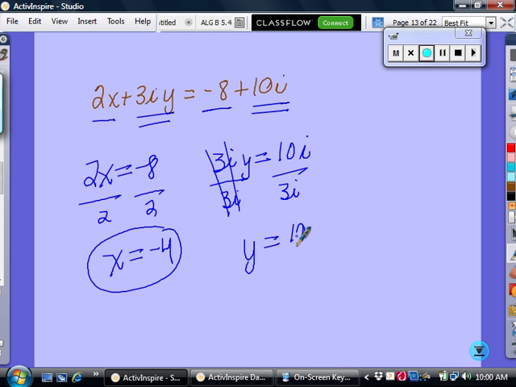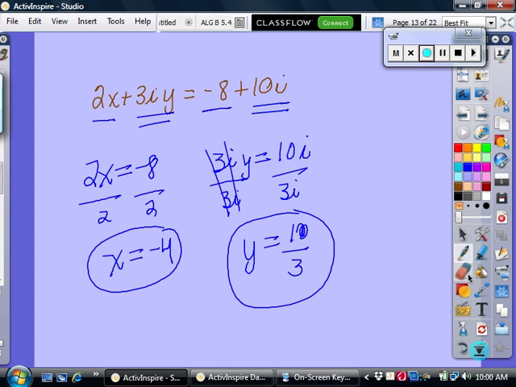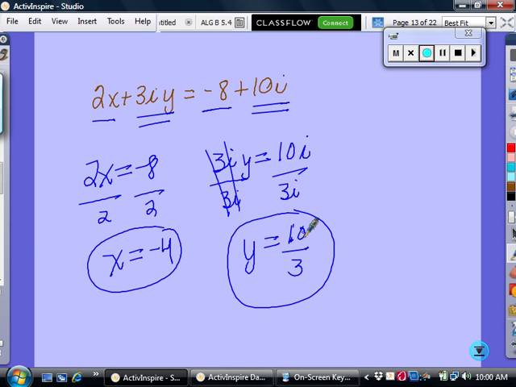Oh, goodness, I got a fraction. Yay, it's the right answer. Fractions are our friends. Now, if you prefer to write 3 1/3, that's okay.